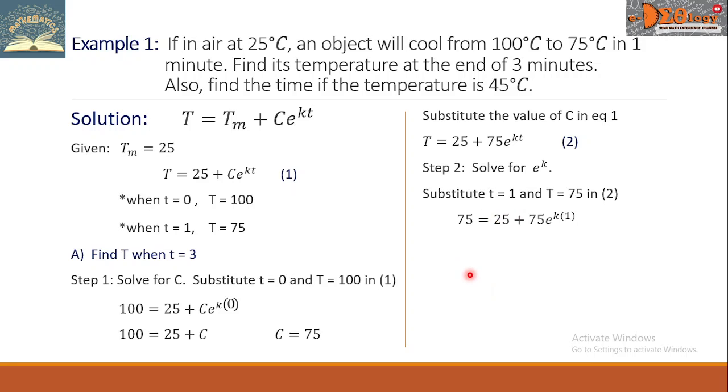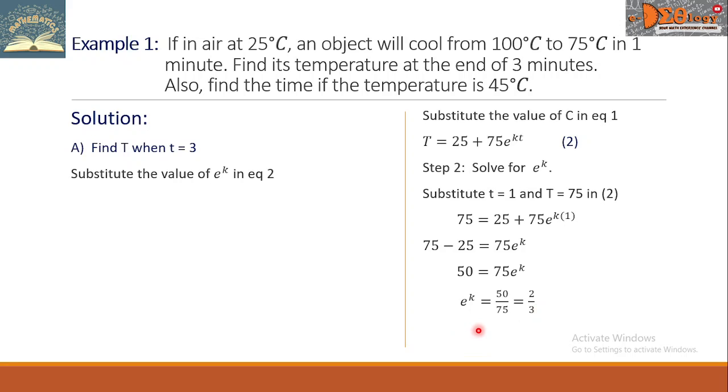It becomes negative. So we have 75 minus 25 equals 75 times e raised to k. We simplify the difference on the left side. We have 50. We divide this equation by 75. So we have now e raised to k equals 50 over 75. We can simplify the fraction into 2 over 3.